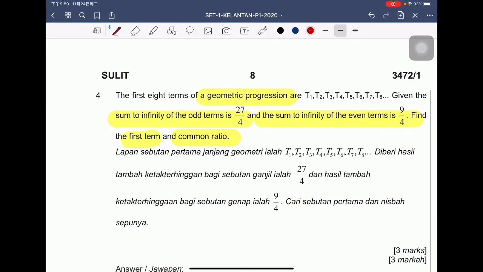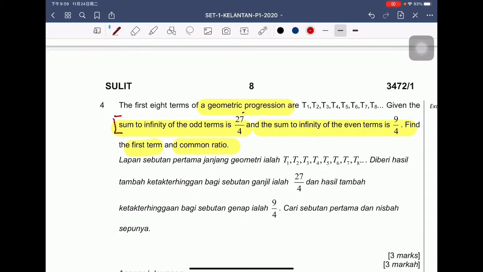So for the first equation, the sum to infinity of the odd terms is 27/4. It means that our first equation only involves T1, T3, T5, T7, and so on.